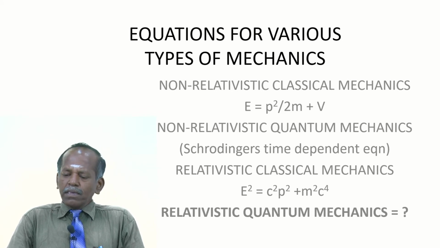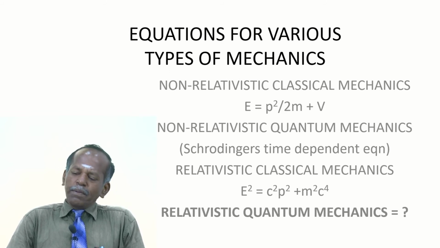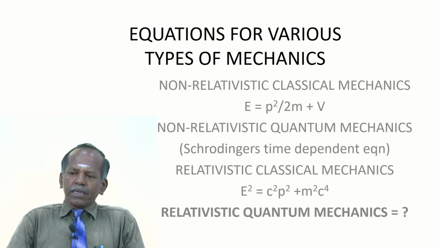The second thing is non-relativistic quantum mechanics, that is for slow moving microscopic particles. This equation is popularly known as Schrödinger's equation, time dependent equation or time independent equation. Both are same. A slight change to include time factor, that's all.